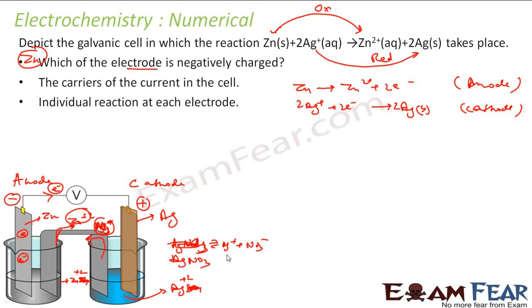Correct. So this Ag+ is used by this reaction, and a lot of NO3- will move from right to left. So that is my answer. Third is the individual reaction at each electrode. We have given that: at the anode zinc is oxidized to Zn2+, and at the cathode Ag+ is reduced to Ag.